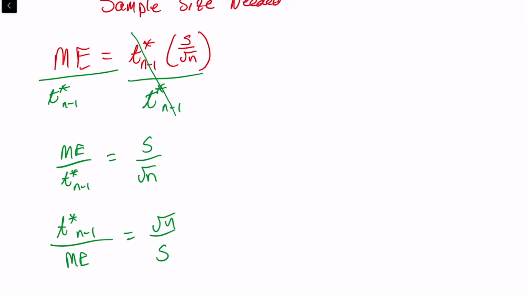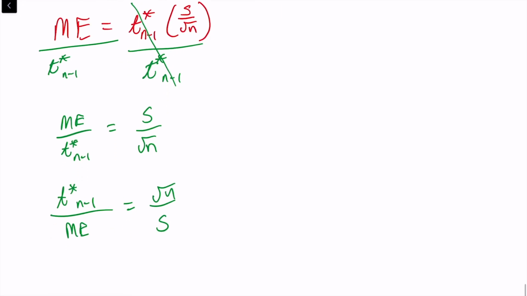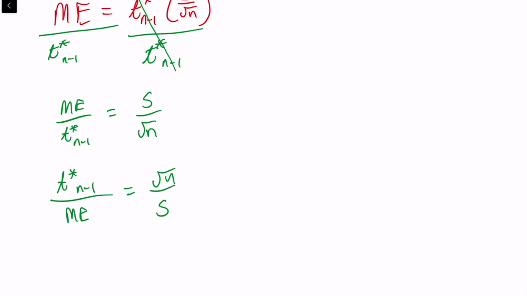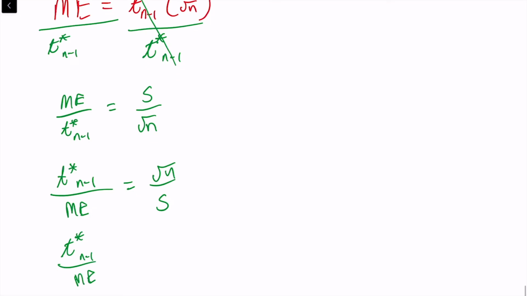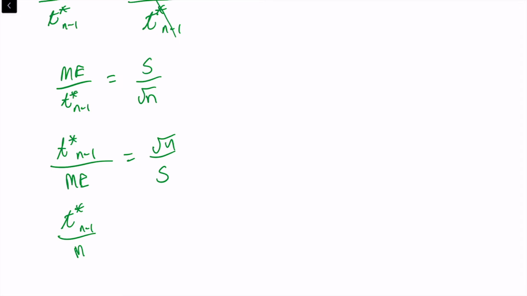Basically what I'm doing is multiplying both sides by the square root of n and then just moving things over. Trust me, it's legal. Multiply both sides by my sample standard deviation. Hope you guys can see this, ME. And then we are almost there. I'm going to put that S in the numerator. And then the last step is to square both sides, okay?